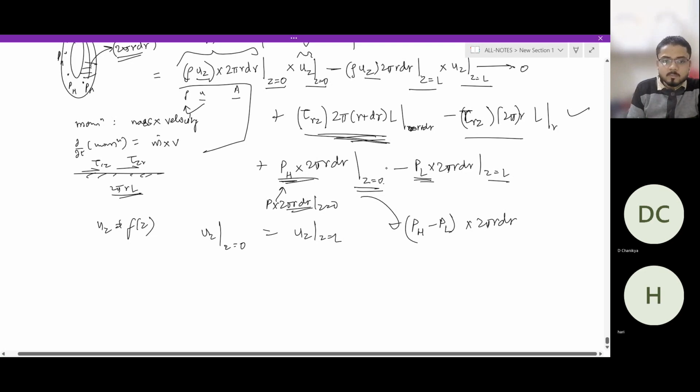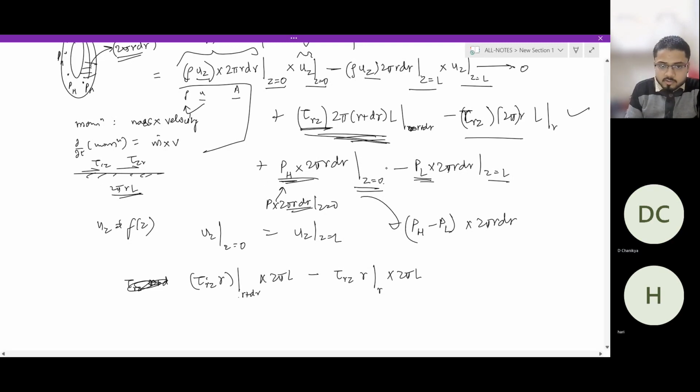Now you've got this tau rz times r, plus the entire thing at r plus dr cross 2 pi L, right? Minus tau rz at r, the entire thing at r, times 2 pi L. This should be fine, right? So when you put r plus dr right here, this becomes tau rz times r plus dr.